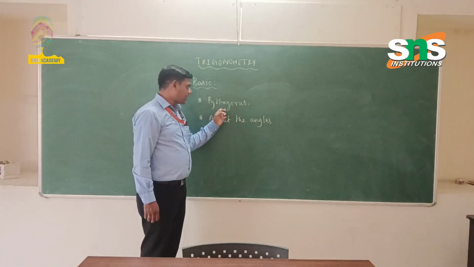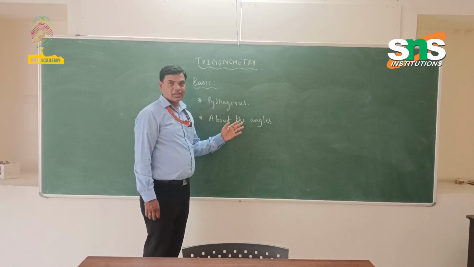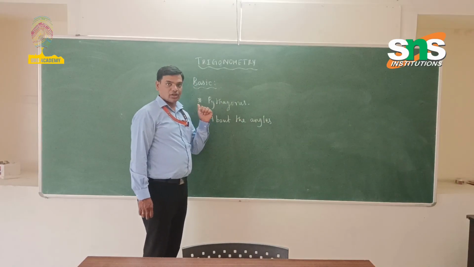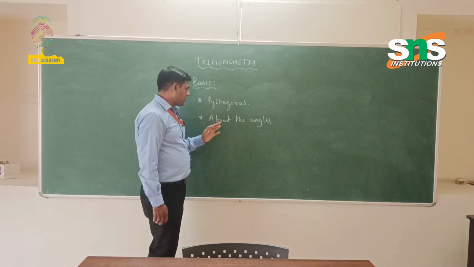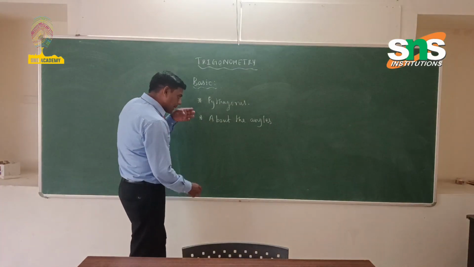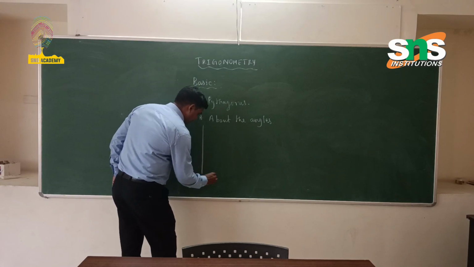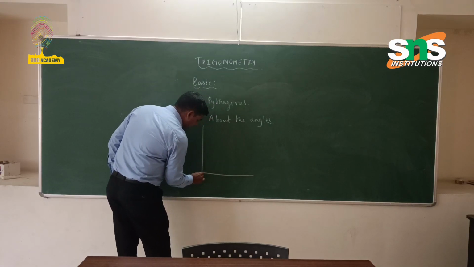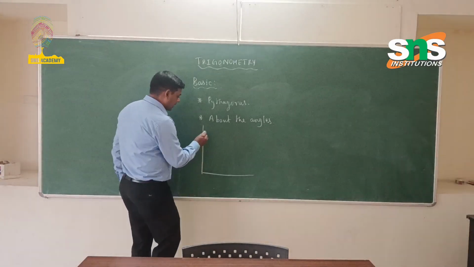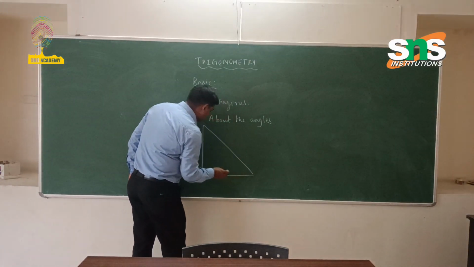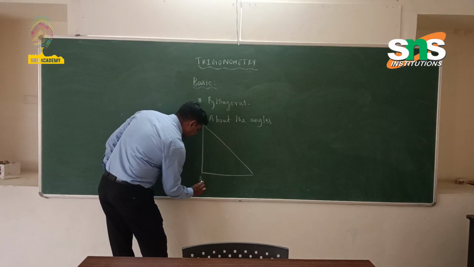First, we will see how we apply Pythagoras in trigonometry. We should know what is meant by angle of elevation and angle of depression. This is a triangle ABC.